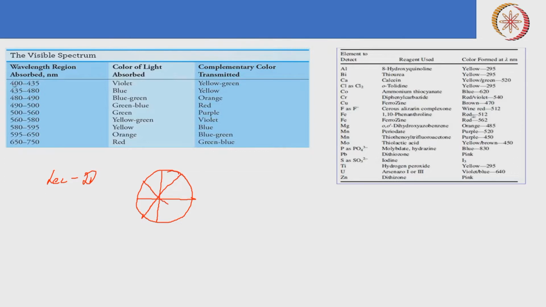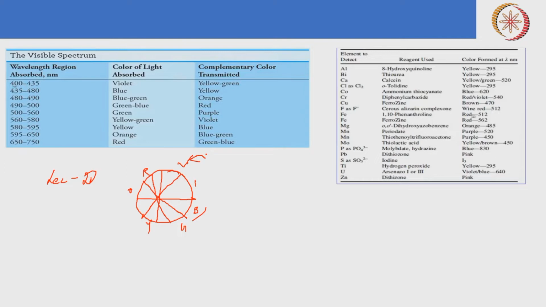Suppose we have this circle, you can start from here with VIBGYOR: V, G, Y, O, R. I have written it in the circle so that it is easy to remember, or no need to remember, you can just write these things down, and according to this, if any question comes, you can solve it.